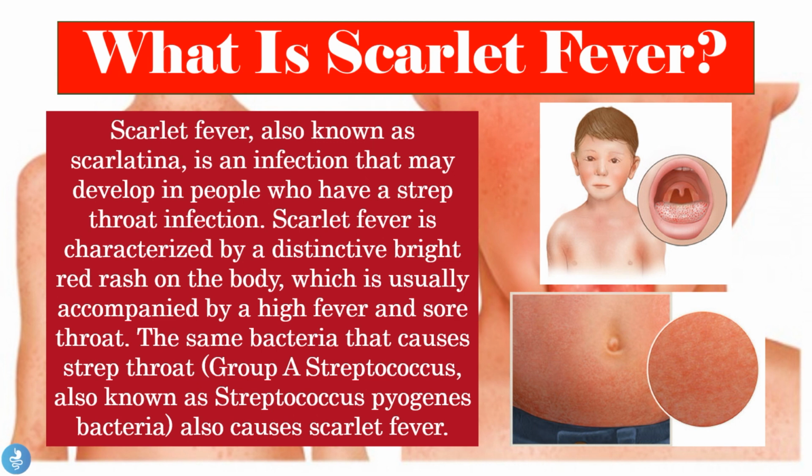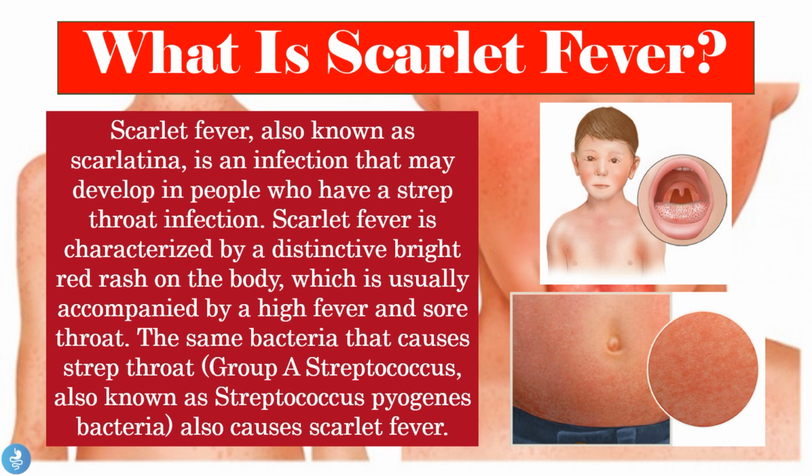So from this definition of scarlet fever, we see that it was a disease that was also commonly referred to as scarlatina, and is actually an infection that develops secondary to the primary strep throat infection. So the strep throat infection is the infection of the pharyngeal area, which includes the tonsils, the uvula, the back of the oropharynx, as well as the tongue.